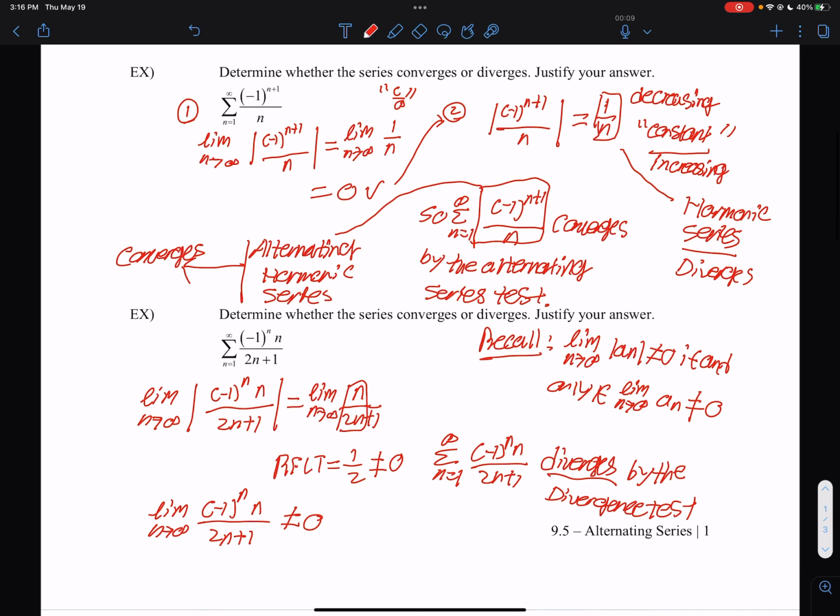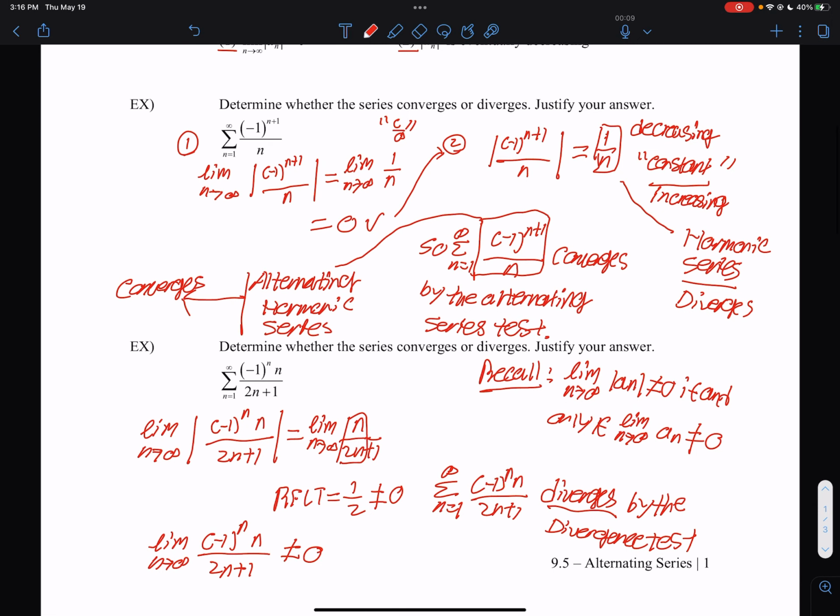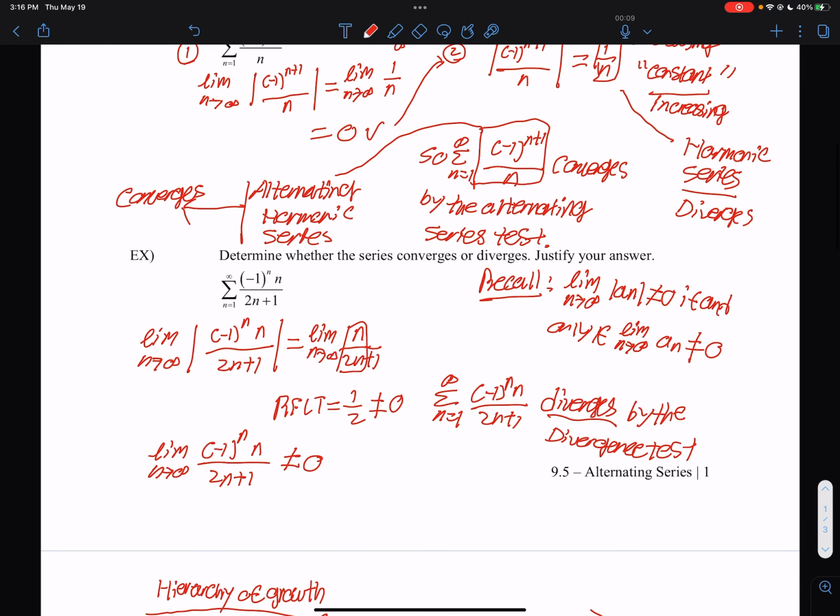Okay, from these two examples, we took a look at both cases. The first example showed that both conditions are satisfied and the series converges by the alternating series test.